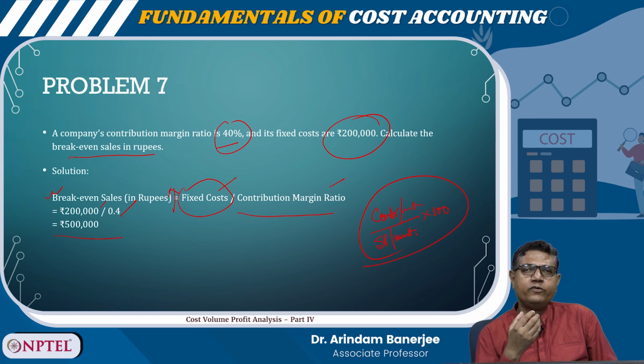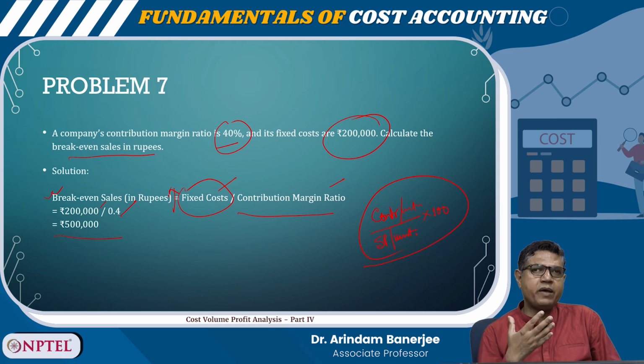So, if the company decides that they want to keep the break-even sales at a higher level, then they have to create this production capacity. For production capacity, they need to invest money, and they need to invest in manpower, maybe trained or untrained manpower.